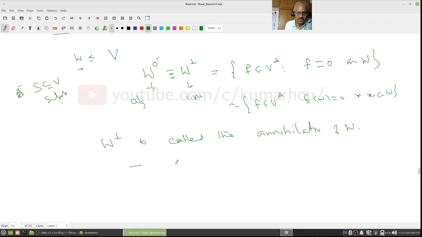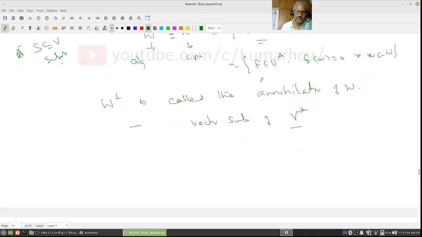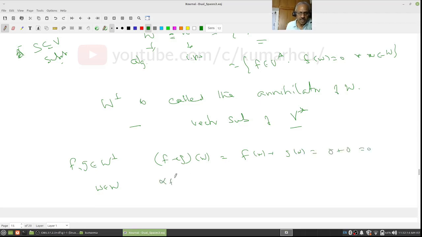This is actually a vector subspace of V star, because these are all subsets of V. That is very easy, because if f and g are in W perp, then f plus g at w, where w is in W, is f of w plus g of w, that is 0 plus 0, which is 0. And similarly, alpha f of w will be alpha into f of w, that is alpha into 0, which is 0. Therefore, this is a vector subspace of V star. Pause, review, proceed.